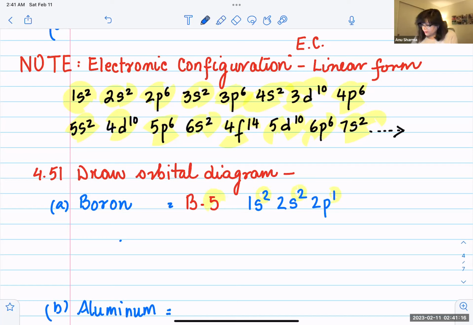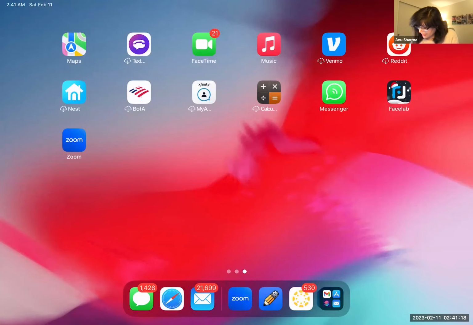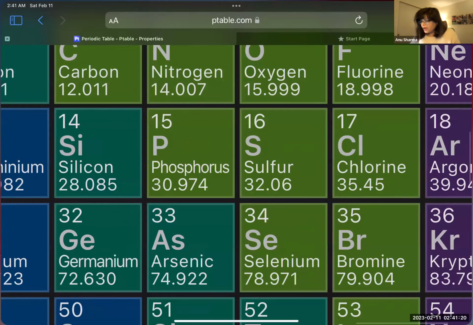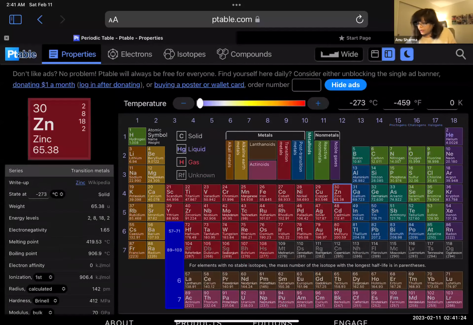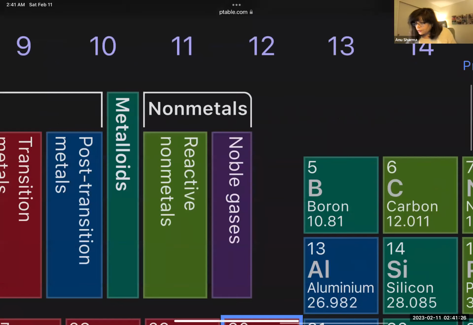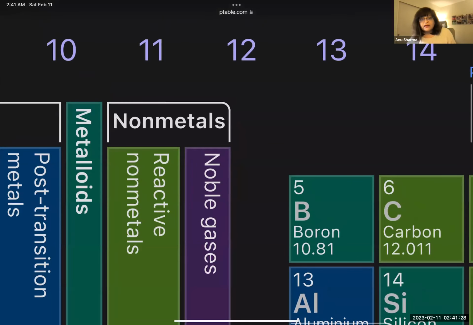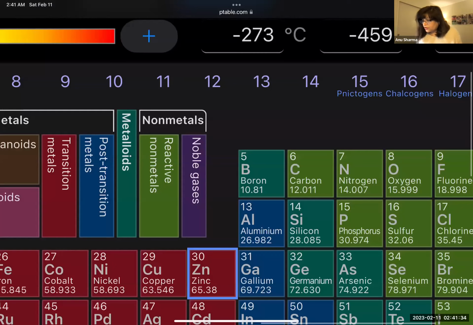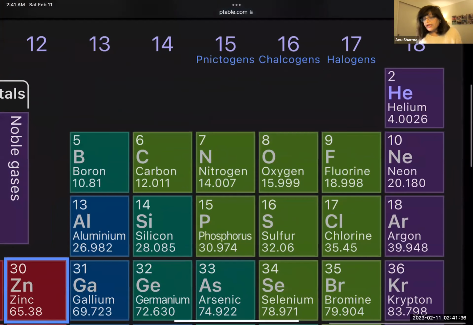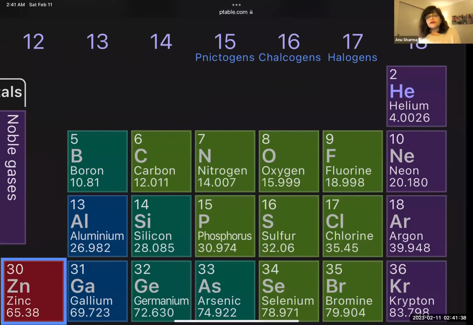Besides that, now, interestingly, look at the placement of boron. Okay, where is boron placed? Boron is placed in group 3A, right? That's one piece. Second thing is boron is present in the p block, and boron is present in the first column.